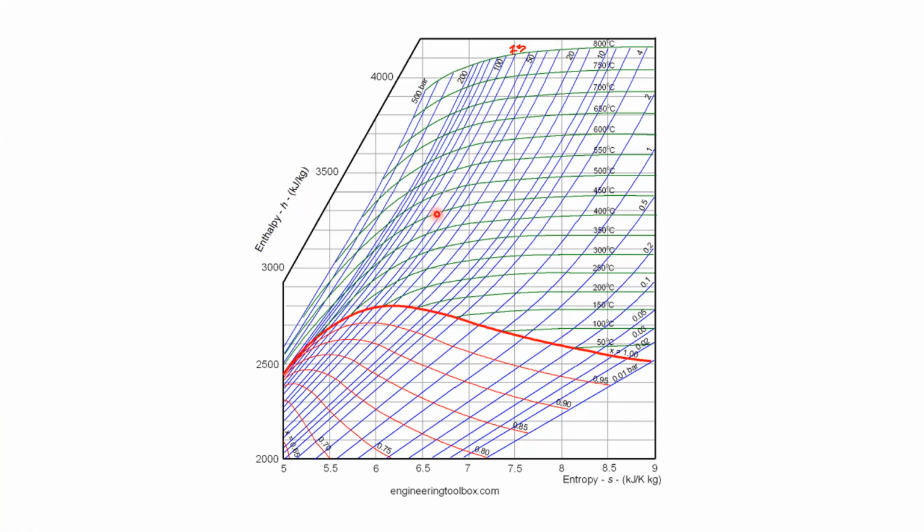At this condition, we have 450 degrees centigrade. This green line indicates the 450 degrees centigrade line. And we have the 70 bar line at this position. These two meet at this position. Take this carefully: these two meet at this condition.